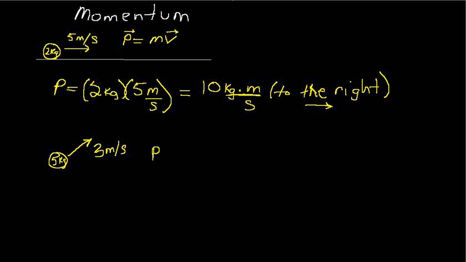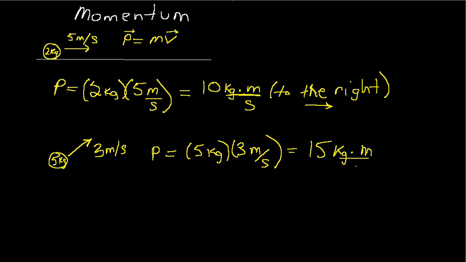The momentum P is going to be the mass, which is 5 kilograms, times the velocity, which is 3 meters per second. So the momentum in this case is going to be 15 kg times meter per second. And its direction is going to be in that direction.